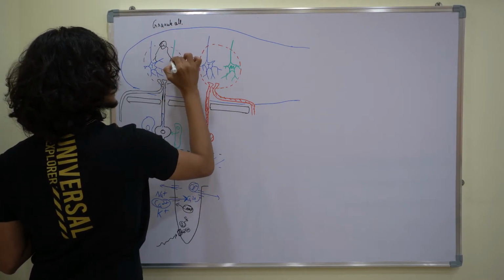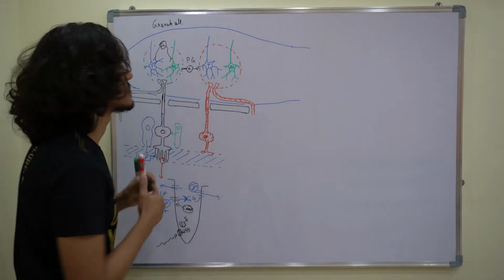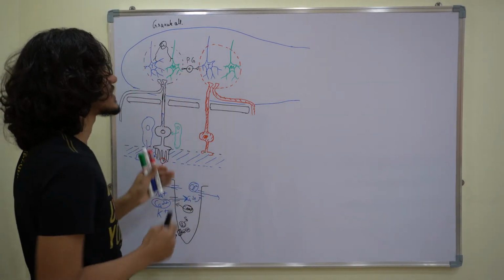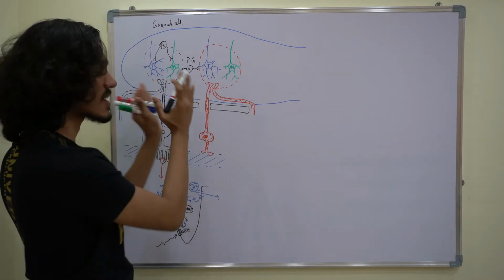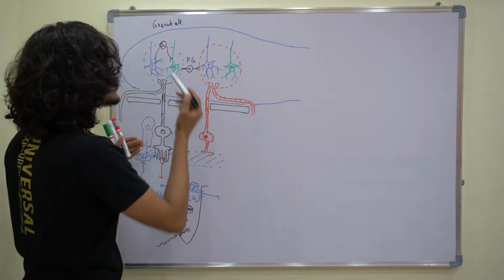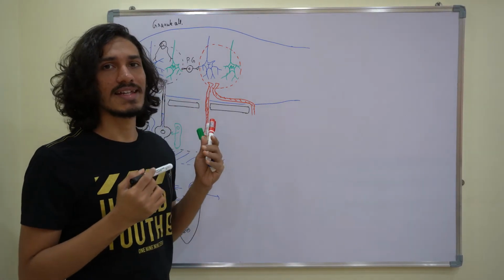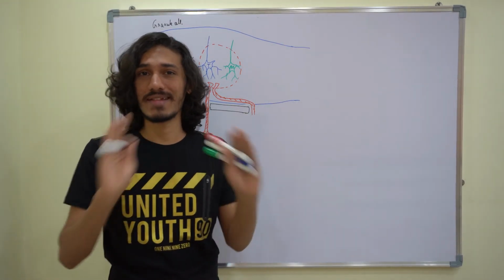It goes here, and again helps in lateral inhibition. So both the granule cells and periglomerular cells help in lateral inhibition so that you can sharpen the focus of the smell. Now, one thing about the granule cell is that it does not have an axon. It only has dendrites.